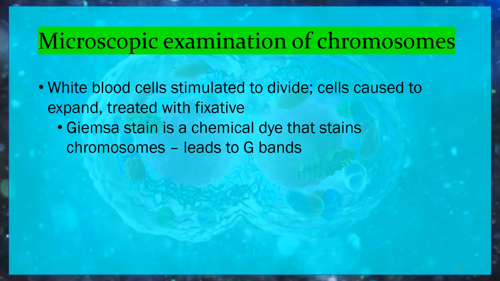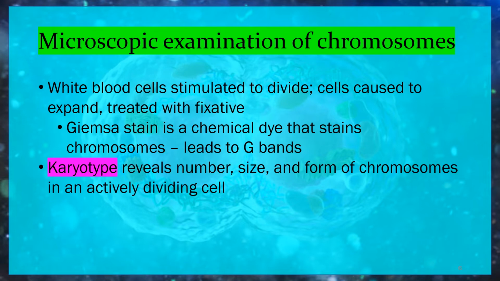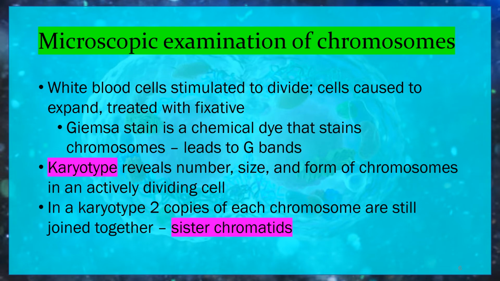Okay, this stain is a chemical dye that stains chromosomes, which leads to what's called G bands. This gives us a karyotype, which reveals the number, size, and form of chromosomes in an actively dividing cell. In a karyotype, two copies of each chromosome are still joined together, and these are called sister chromatids.